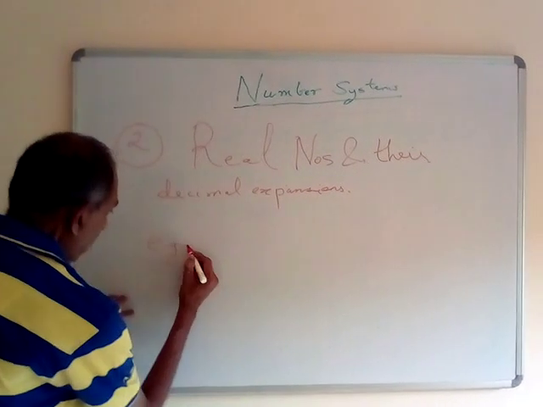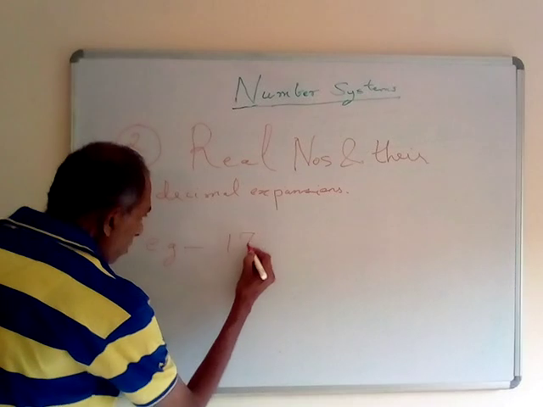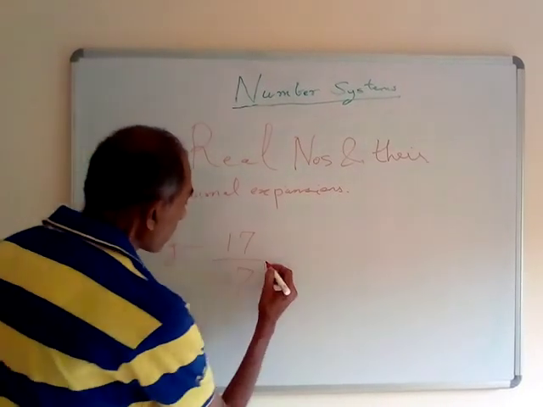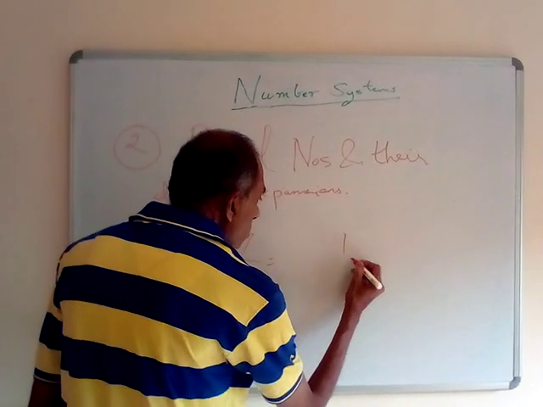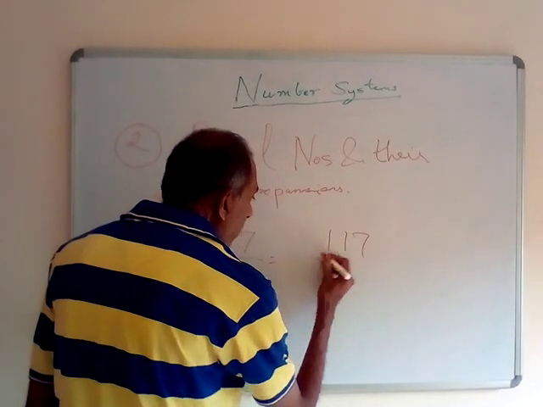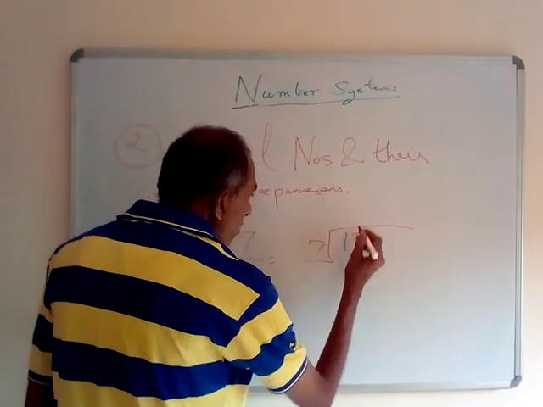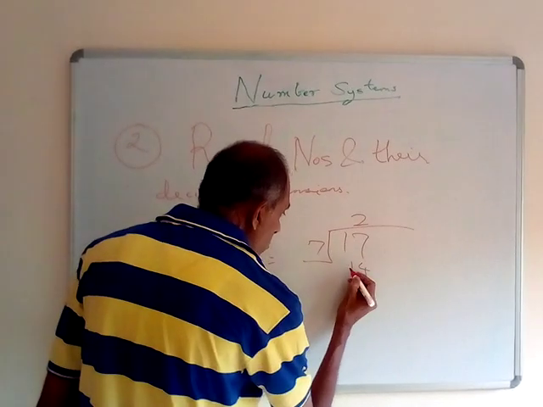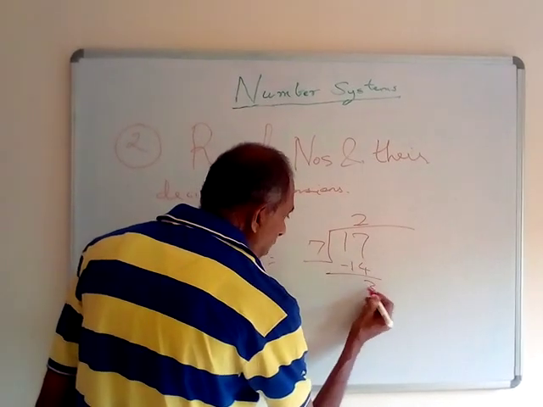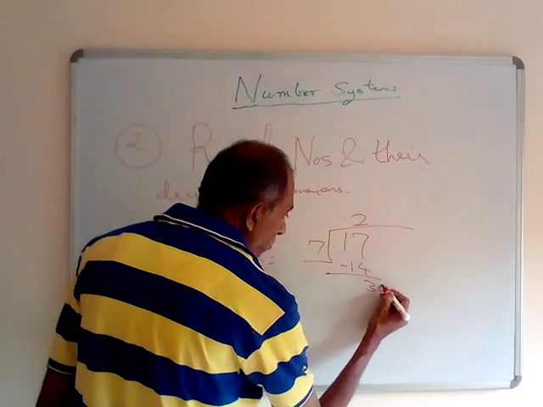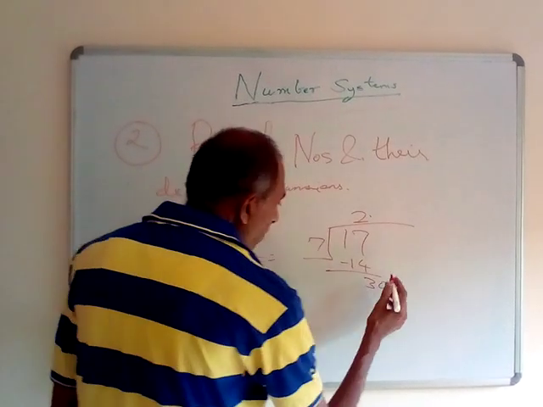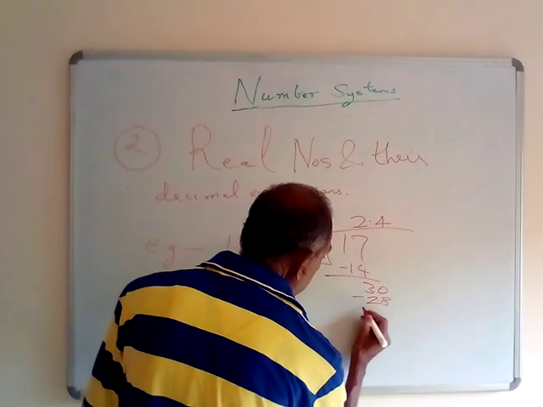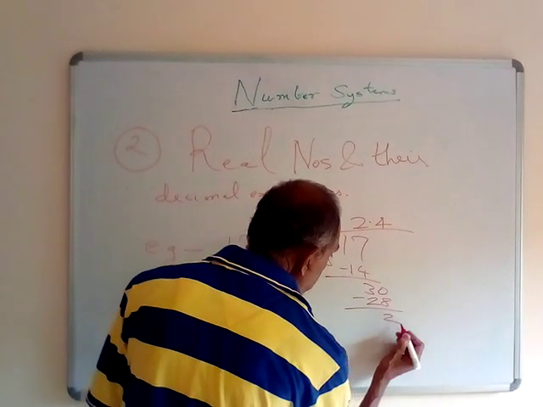So we'll try with 17 divided by 7. Let's see what we get here. So that is equal to 17 divided by 7. 7 2s are 14, minus 3. The remainder is 3, we bring a 0, decimal point. 7 4s are 28, minus, 2 is remainder.